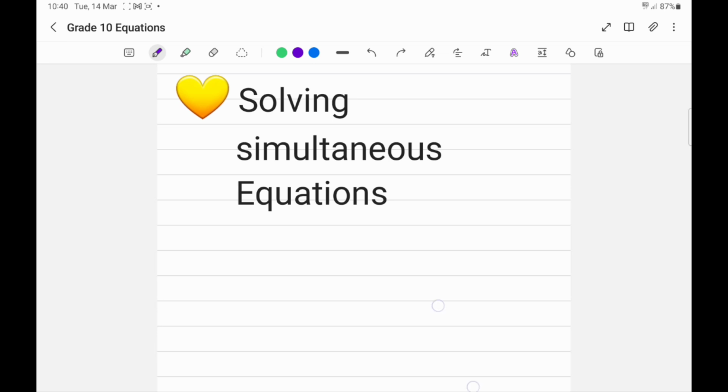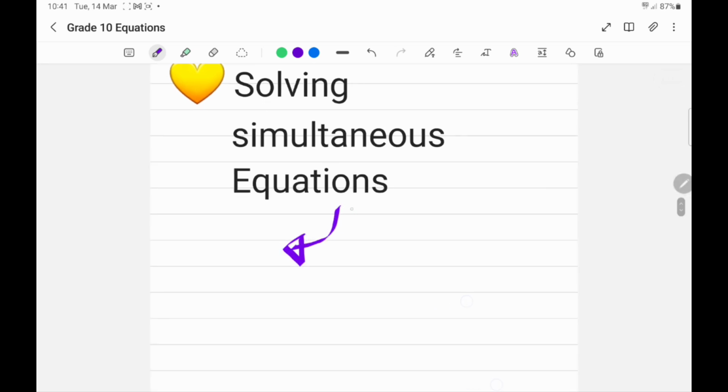Alright, so with this part, we've got two plans that we can follow.